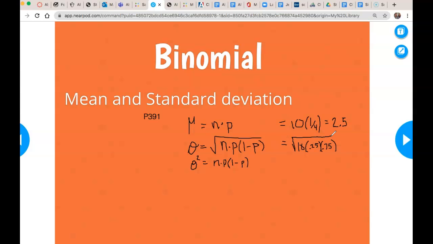Get a problem right, get a problem wrong. 10 times 0.25 times 0.75. So the variance is 1.875. And the standard deviation is 1.37.